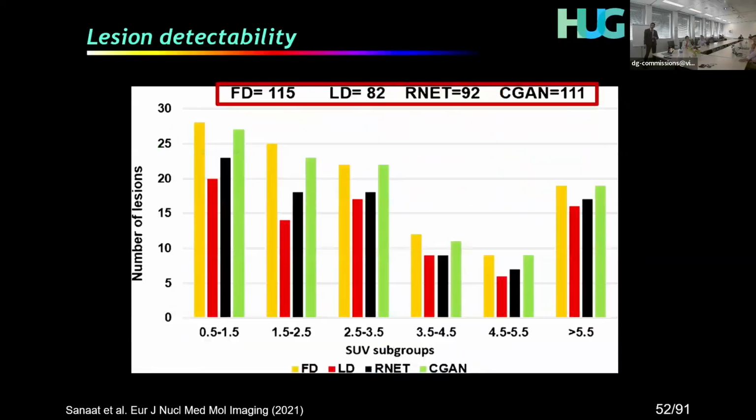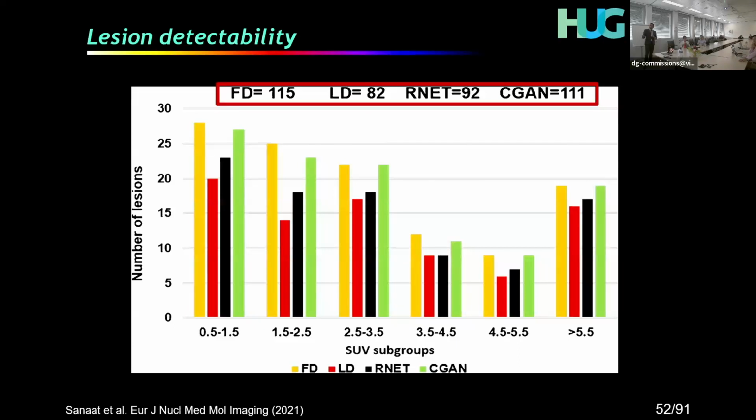We also asked the physician to draw some ROI around the lesions. And we also categorized them based on their SUV. We also counted them for our different groups of images. And you can see in the full-dose images, they were able to find around 115 lesions, which reduced to around 82 when they are using the low-dose images.